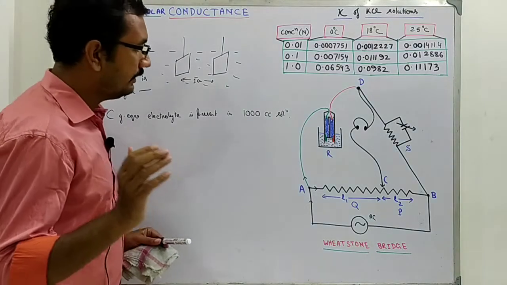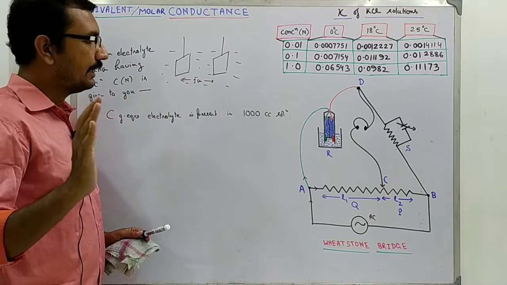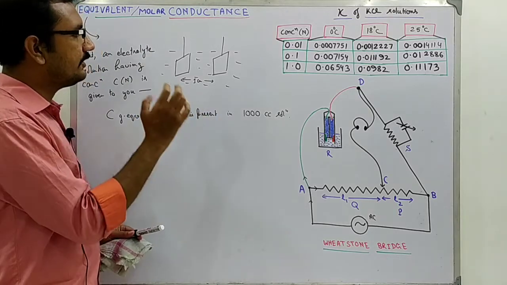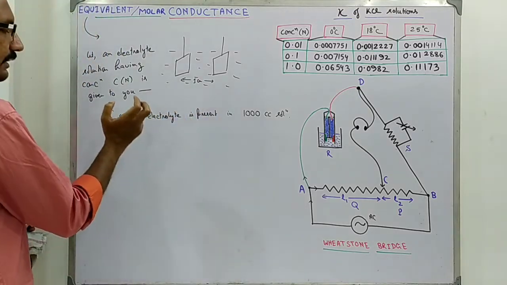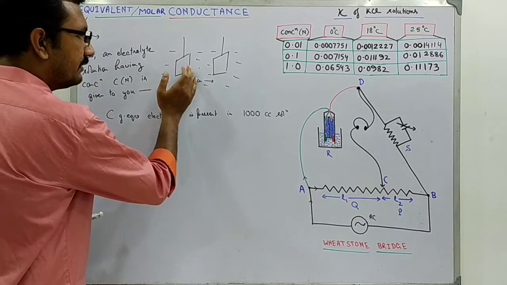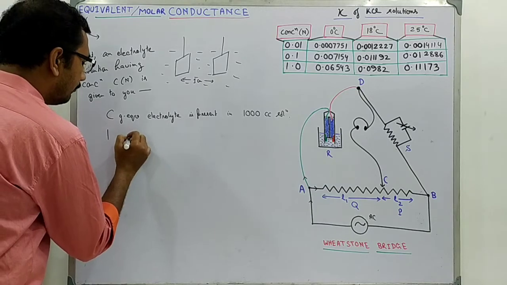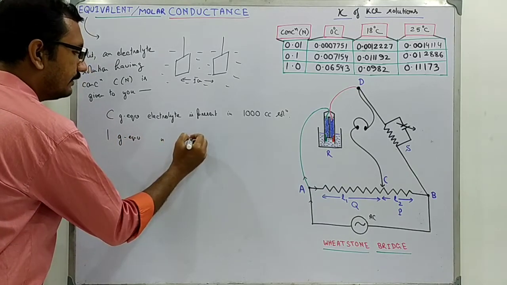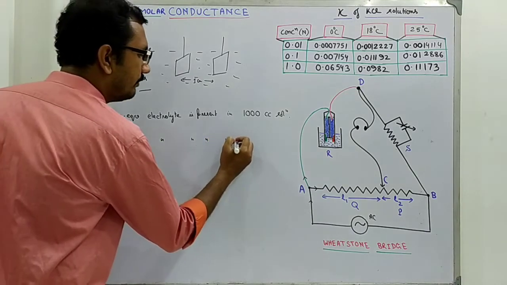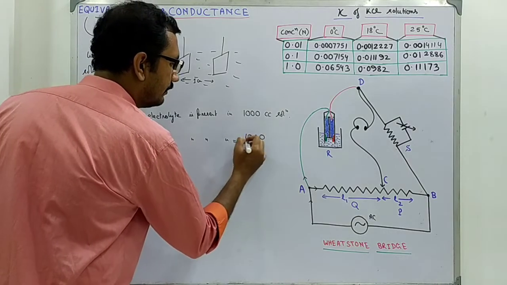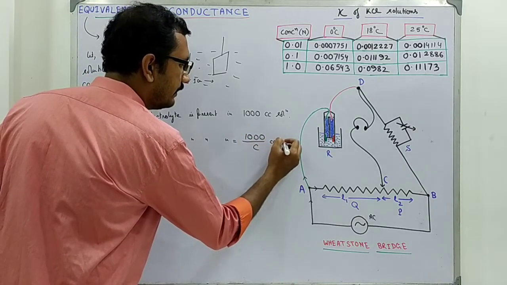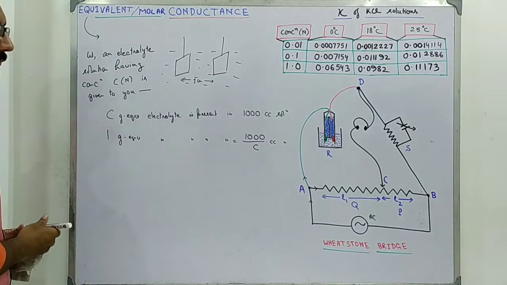Now, you can recall the definition. It demanded that 1 gram equivalent of cations and anions must be placed between the two electrodes. So, for 1 gram equivalent electrolyte, what we need is 1000 by C cc solution.